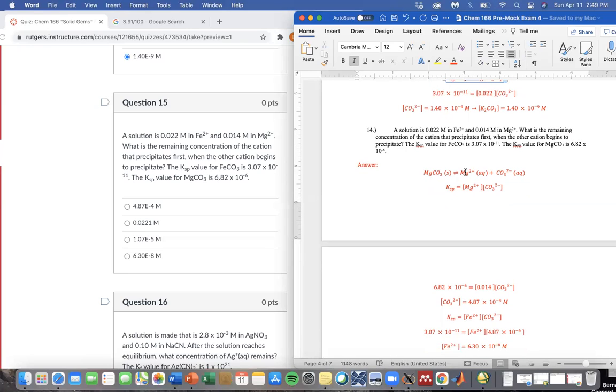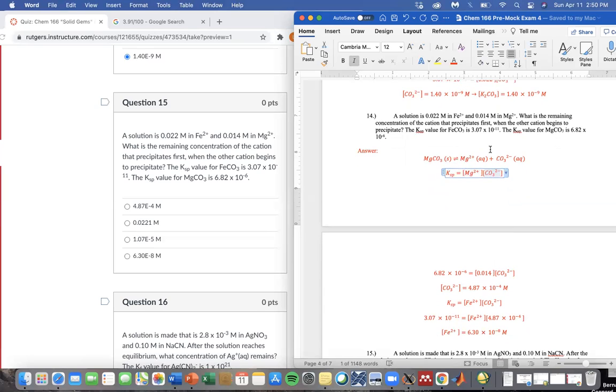And so there's two steps to solving this problem. The first one is solving what concentration of CO3 2- is going to cause the precipitation of MgCO3. And the second part is plugging that concentration of CO3 2- into the KSP expression we had for FeCO3 in order to determine how much Fe2+ is remaining.